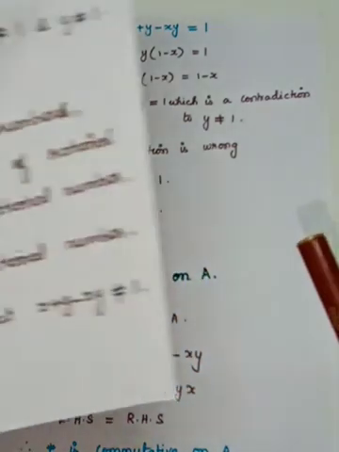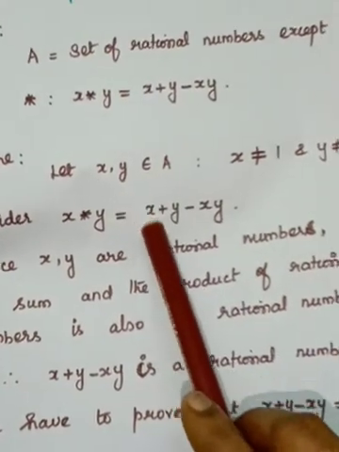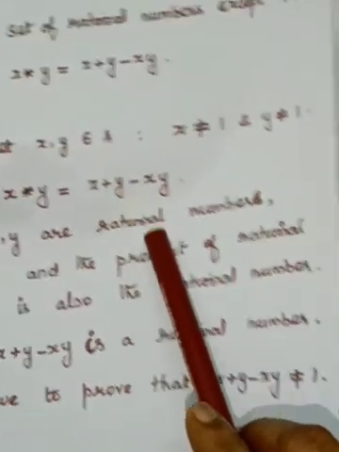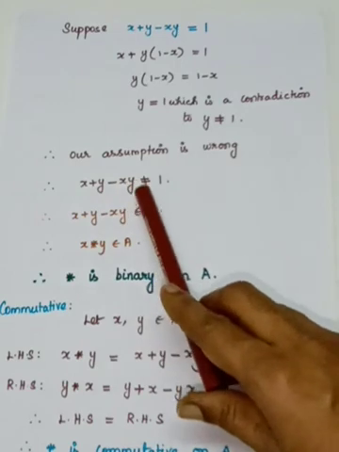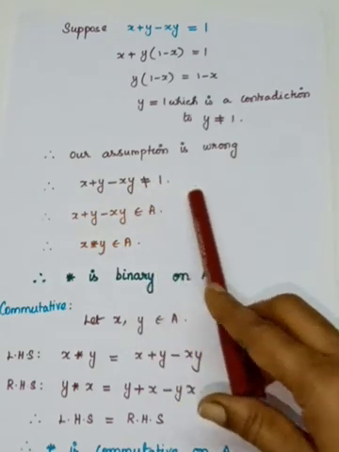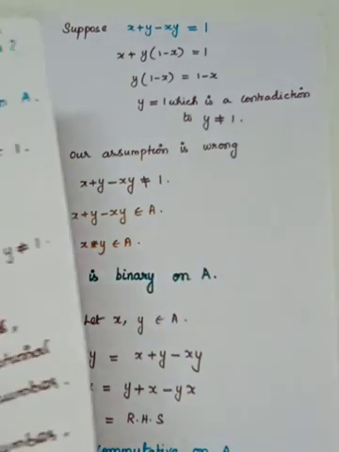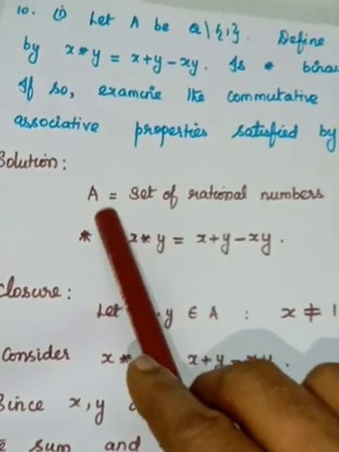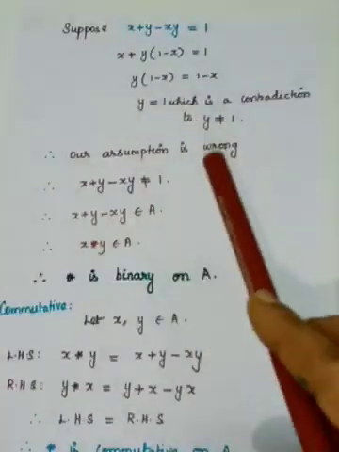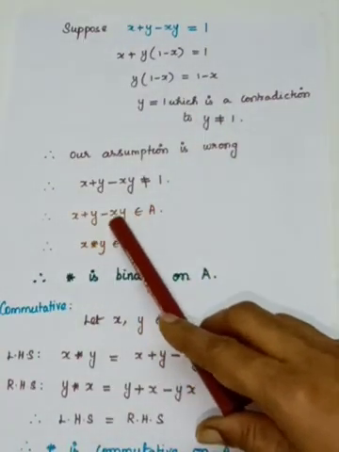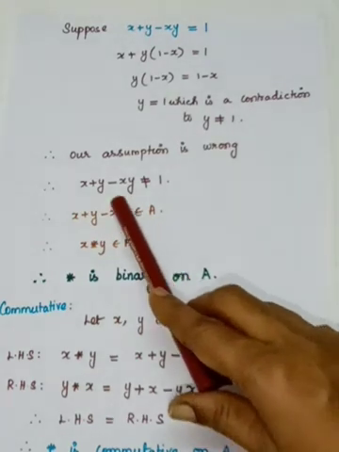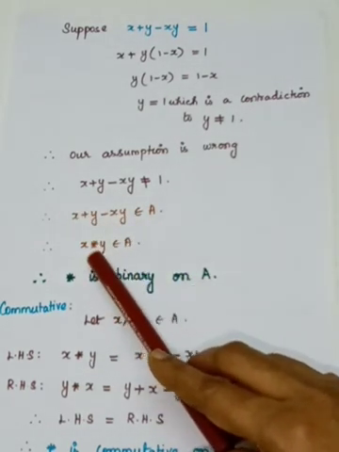So first what we have proved, this answer is a rational number and now we have proved it is not equal to 1. So the rational number which is not equal to 1 belongs to the set A. So therefore x plus y minus xy belongs to A. This is the answer for x asterisk y.